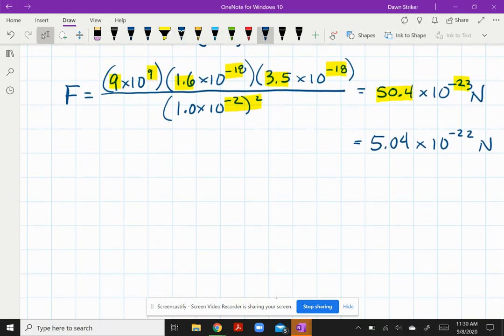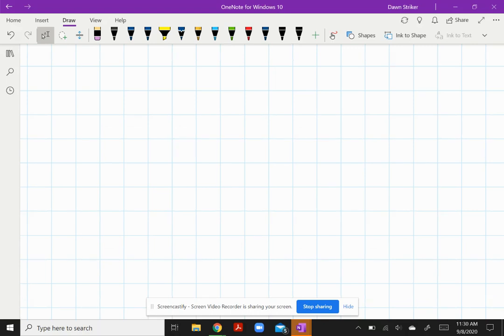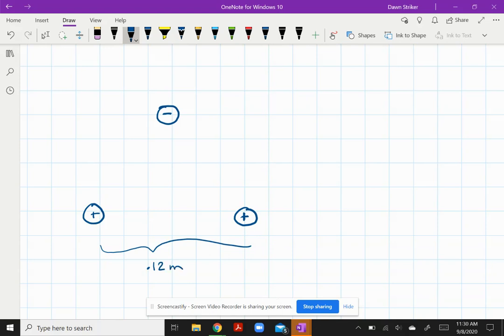Another example of using Coulomb's law is to take some charges that are not arranged in a nice line, but might be arranged in an equilateral triangle, and try to find the force acting on any one of those charges. So let's say this is an equilateral triangle where the distance between each charge is, let's just say, 0.12 meters.